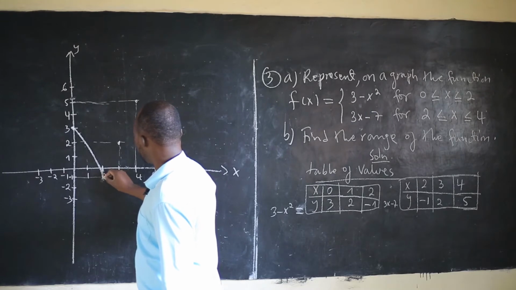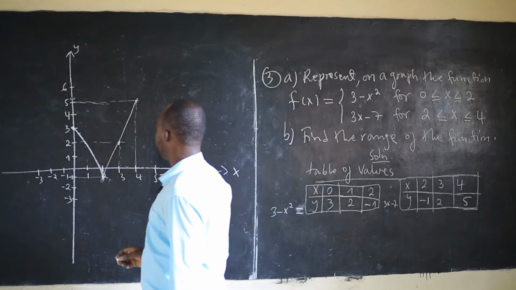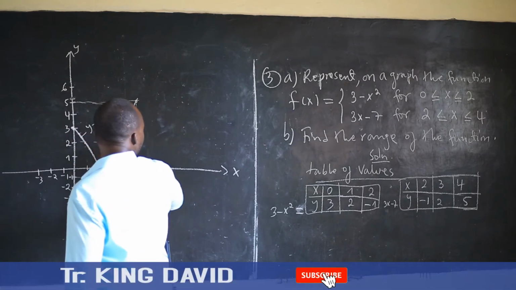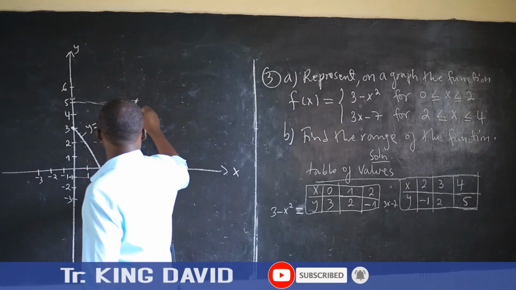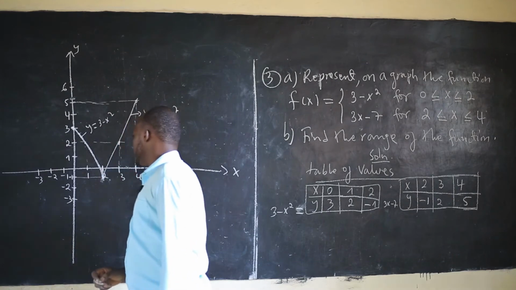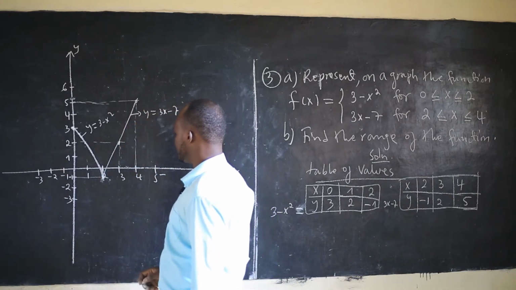So we have a straight line. This is the curve where y equals 3 minus x squared, and this is the line where y equals 3x minus 7. As you can see, what will be the range?